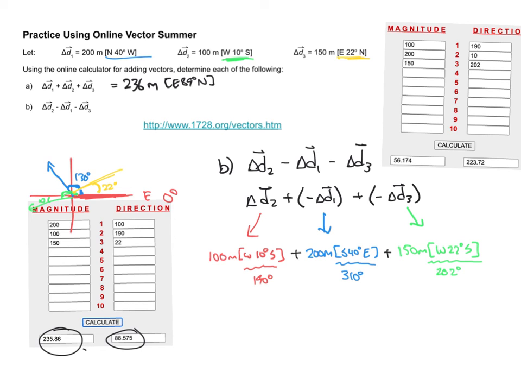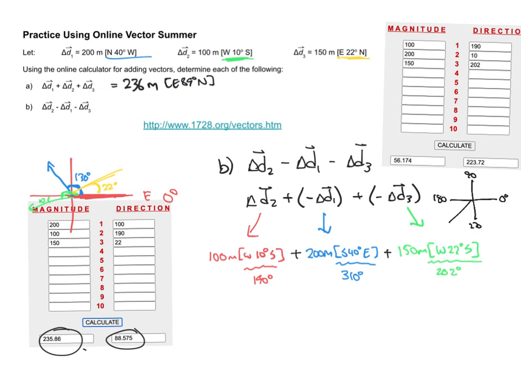So let's see. Where's 224? So 0 is east. 90 is north. 180 is west. 270 is south. So 224 is somewhere between 180 and 270.